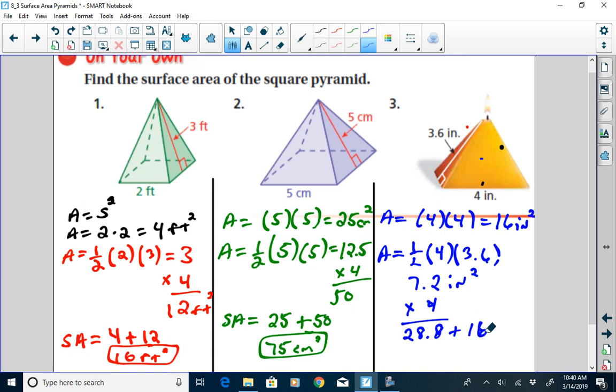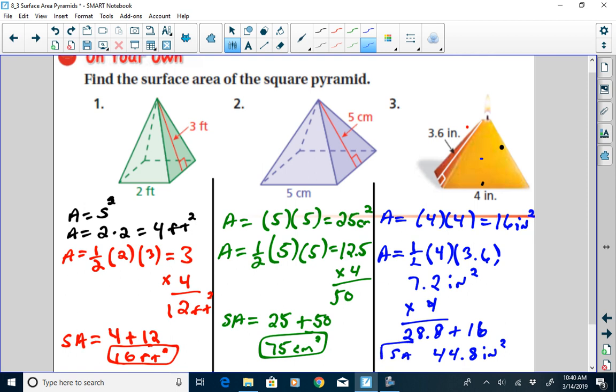That's going to be 44.8, and those are square inches. All right, so that's going to be our surface area.